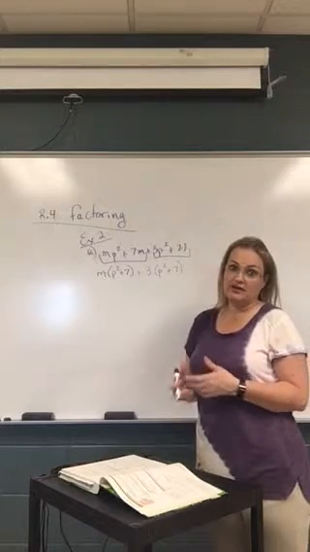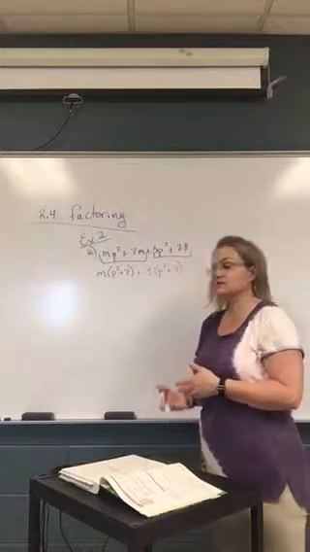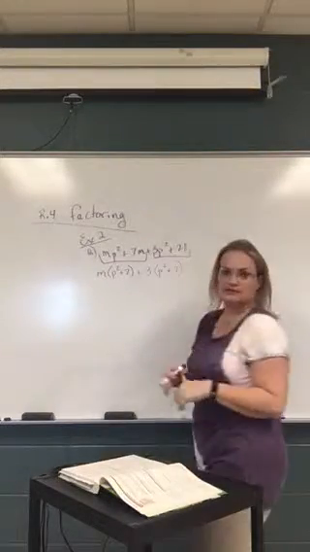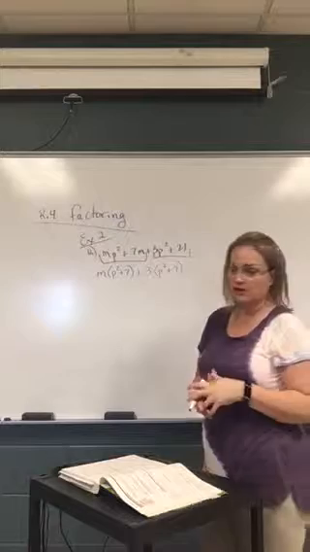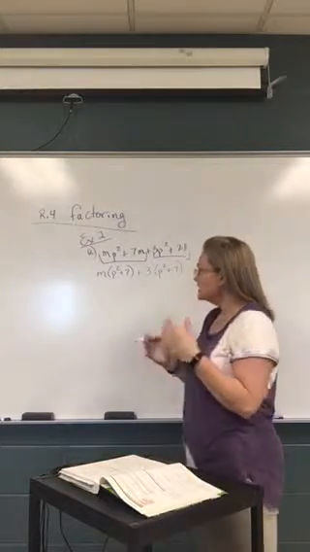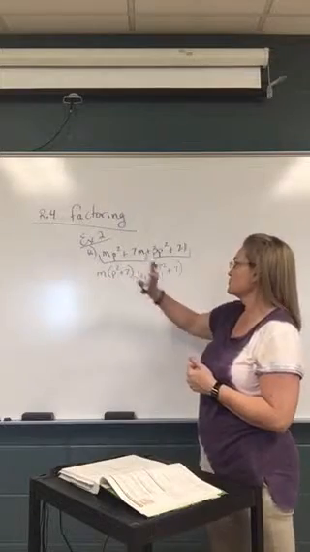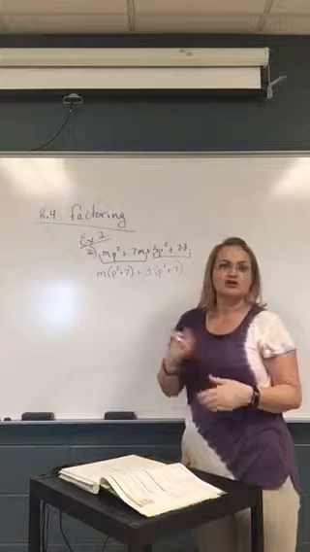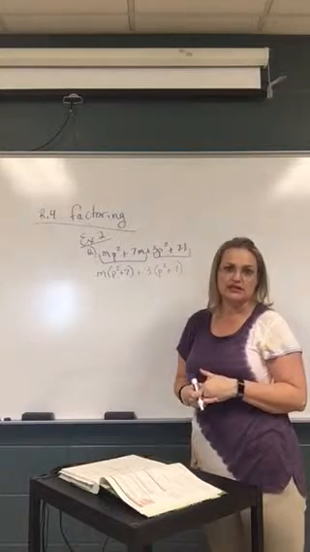And that's the only way that factoring by grouping is going to work for us: if the problem just so happens that when you group it, and sometimes you have to rearrange it for grouping, but oftentimes it's just the first 2 and the last 2. But if you're able to factor something out of the first 2, something out of the last 2, and then this parentheses is the same, you're going to be able to factor it completely.